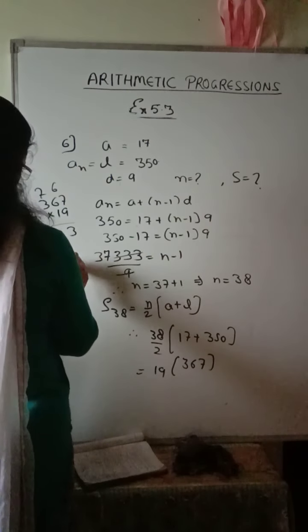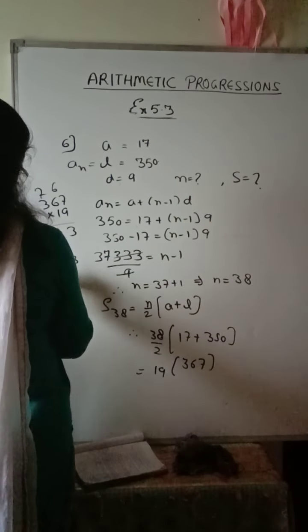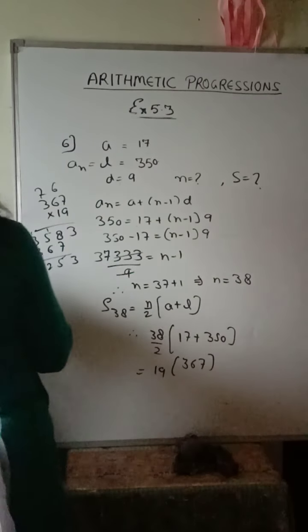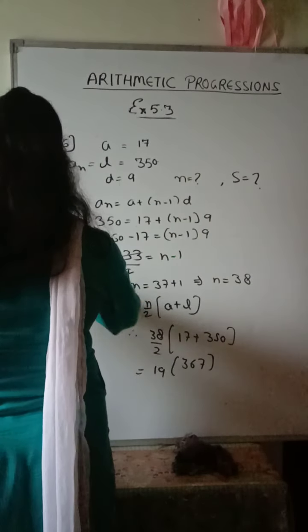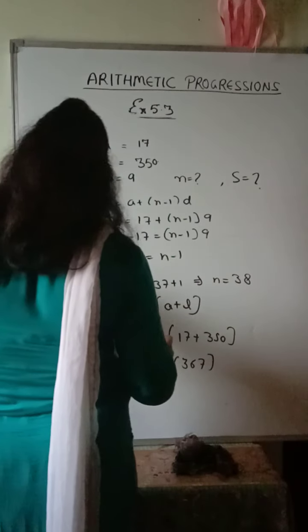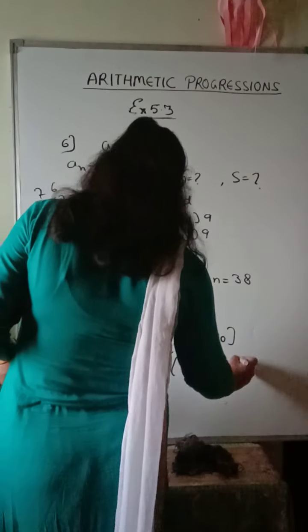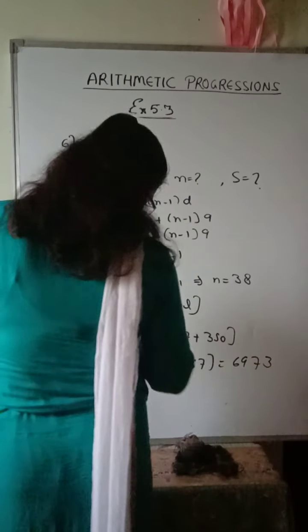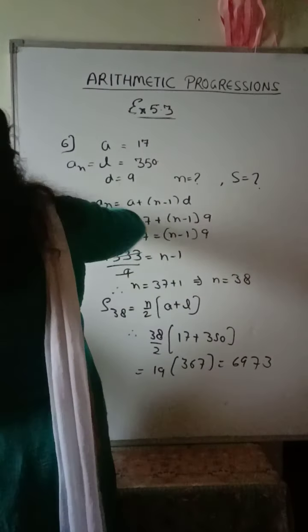Adding up, 3 plus... the answer will come 6973. Okay, so 6973 will come. Okay, you multiply it, then the answer will come 6973.